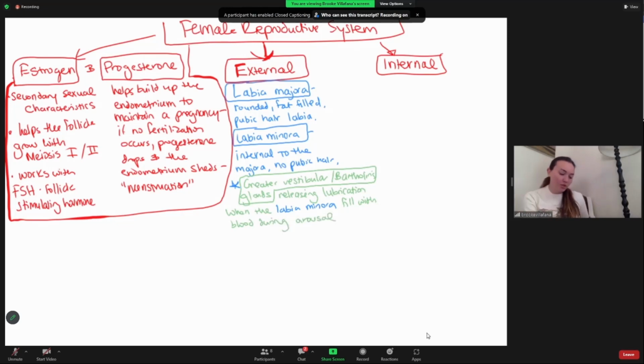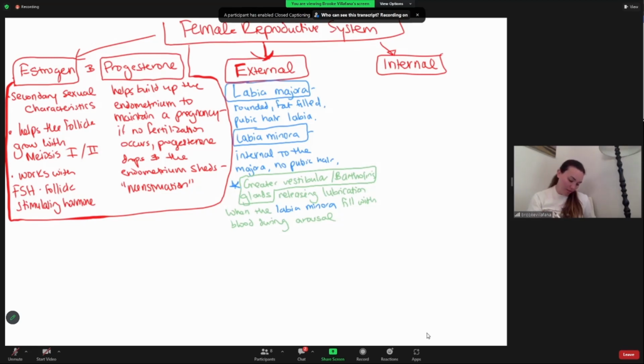So you have sexual arousal, the labia get large, and then the greater vestibular or Bartholin's glands are going to release lubricant, a mucus type of fluid. Okay, so that's labia majora, labia minora.